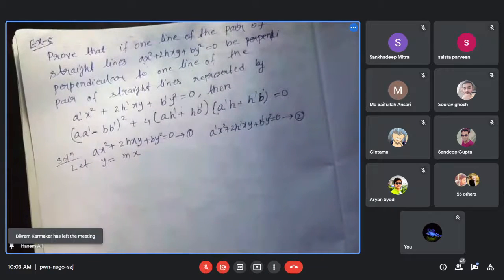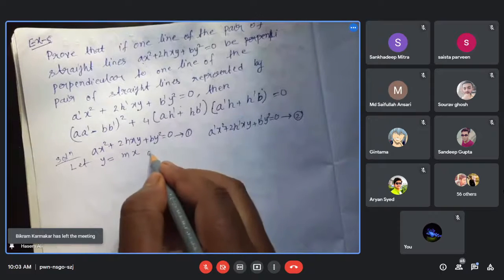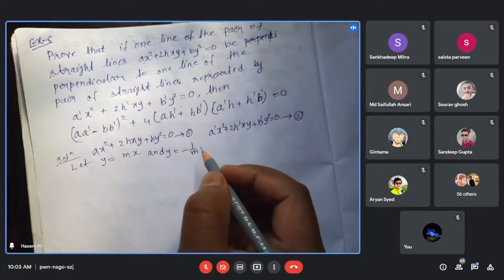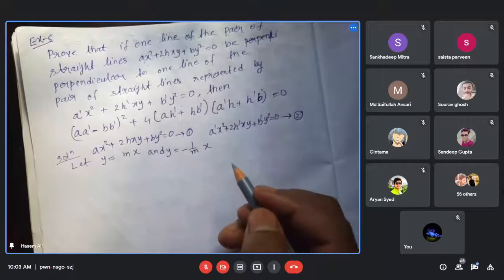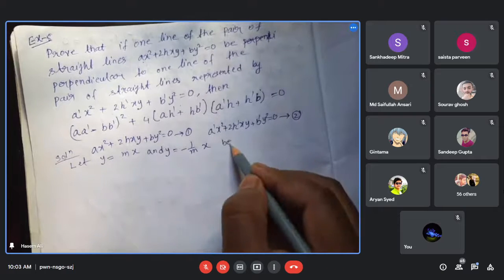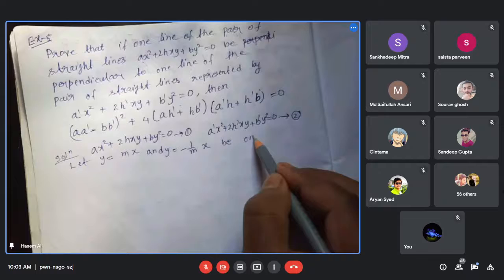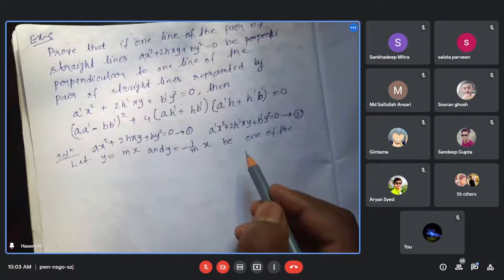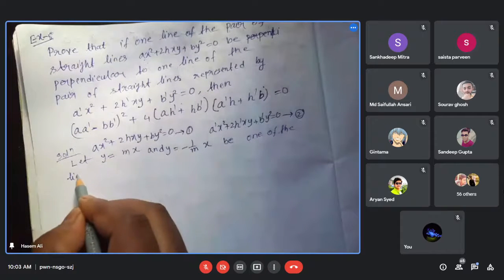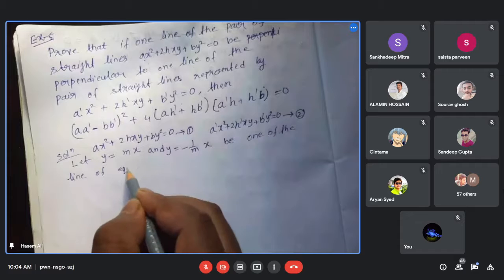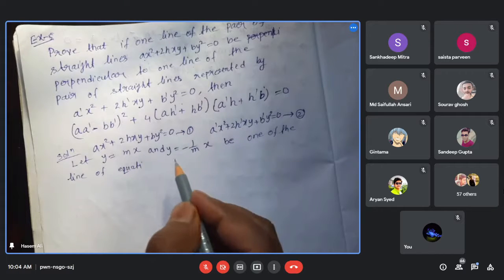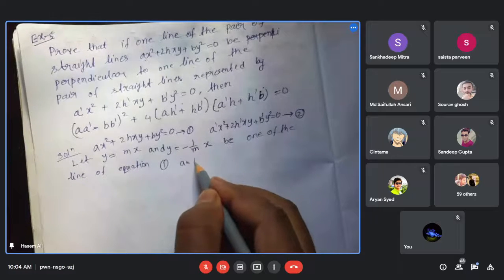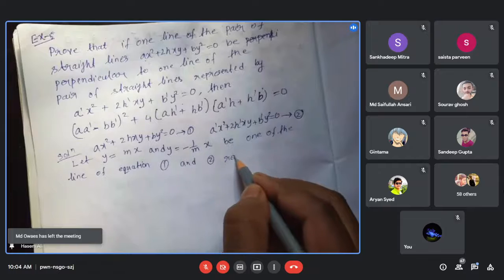Now let y equals mx and y equals minus 1 by mx be one of the straight lines of equation 1 and 2 respectively.